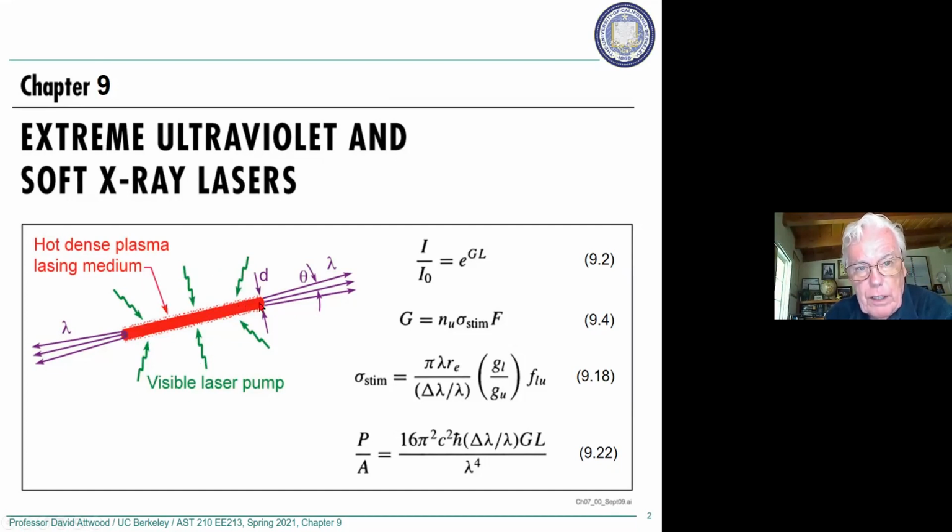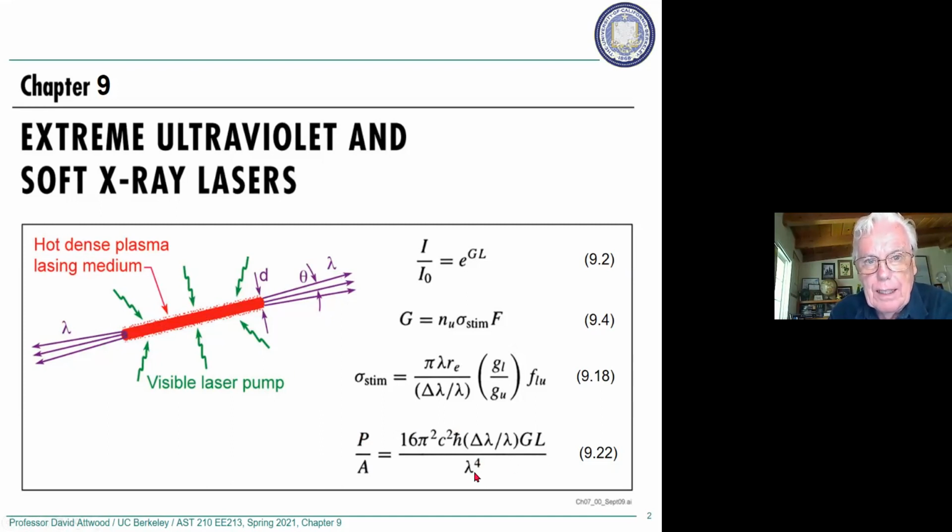But in general, for these laser-produced EUV and X-ray lasers, the power per unit area of illumination that you need on these things scales as lambda to the 4. That's the math that we're not going to do today.